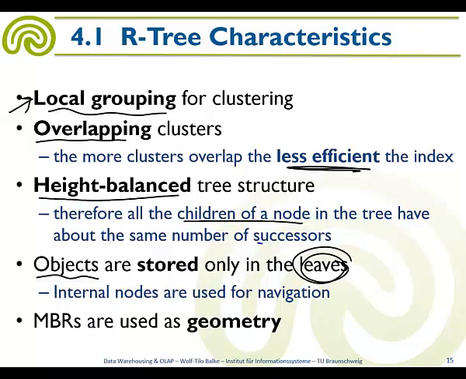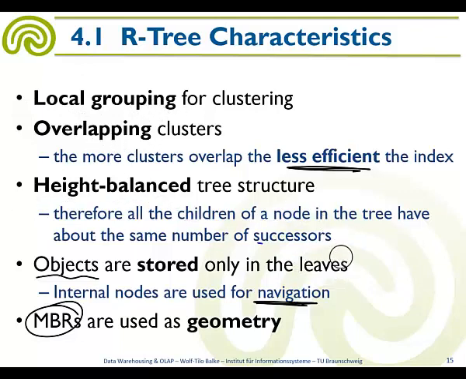All the nodes in the middle are just for navigation, just for routing, and they just hold the coordinates of the minimum bounding rectangle, so when you are searching through the tree, you can understand whether you are actually at this point of space or not. And the minimum bounding rectangles are used as the geometry. So this is what is used in R trees.